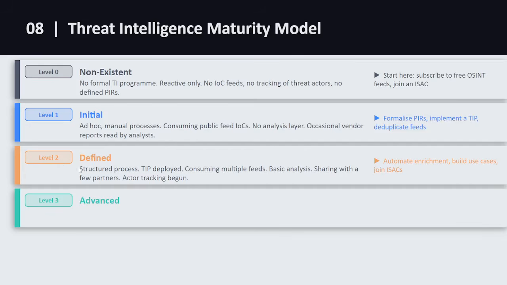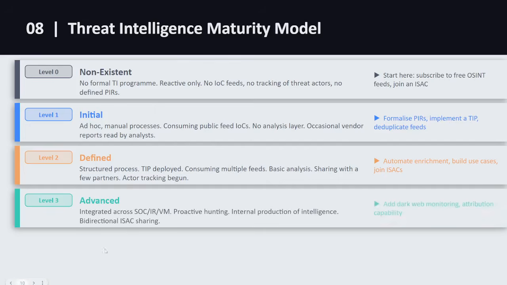In level 2, you will be defining the structured process, how you are going to act upon that. Basic analysis: you will be sharing with a few partners and tracking the threat actor. Now level 3 is advanced.